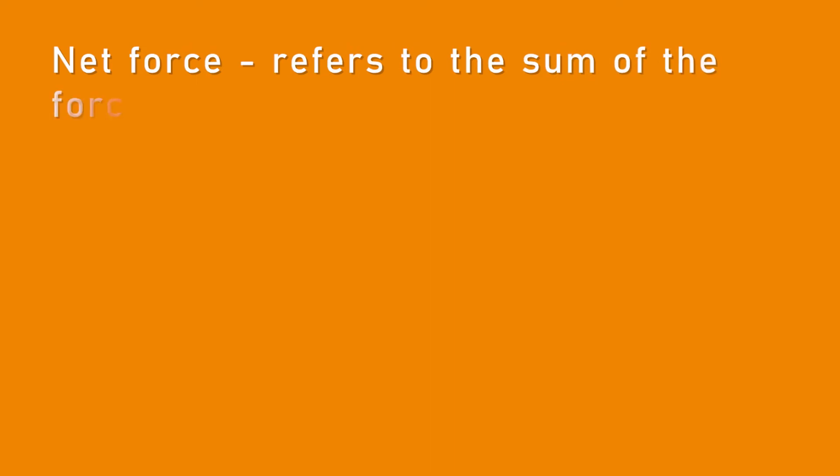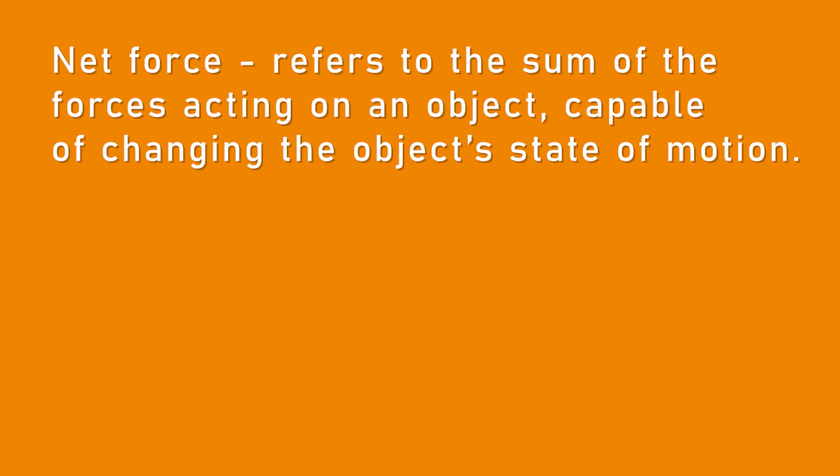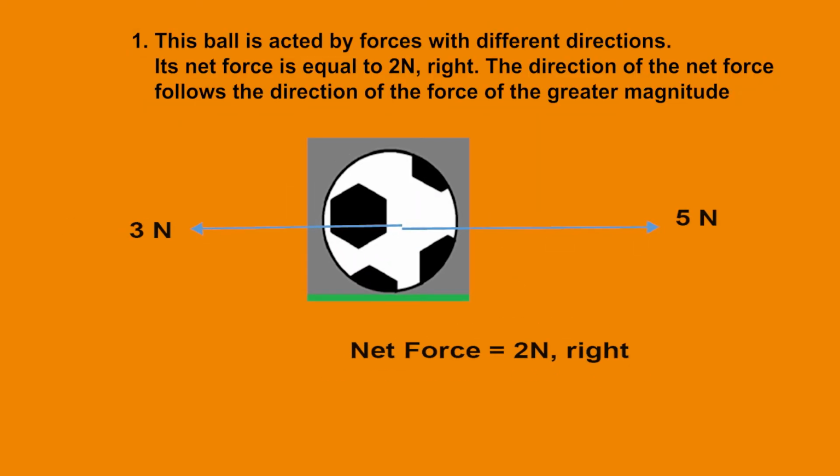You also learned about net force. Net force refers to the sum of the forces acting on an object capable of changing the object's state of motion. Let me illustrate the net force. This ball is acted on by forces with different directions. Its net force is equal to 2 N, right?